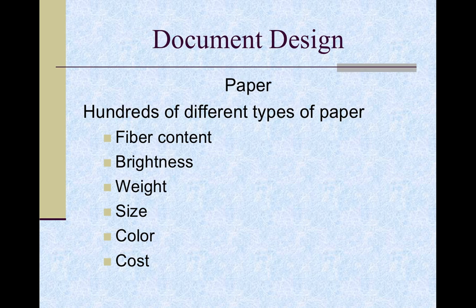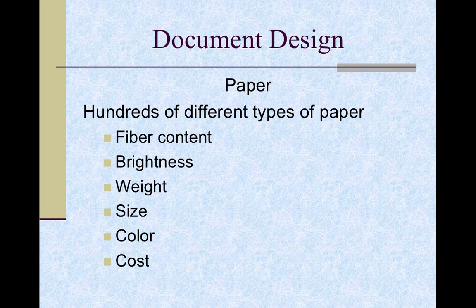Paper is also classified according to how white or bright it is. There are different weights of paper. Obviously, paper comes in different sizes. We're most familiar with the letter size paper, which is 8.5 by 11 inches, but there's also legal size paper, which is longer.